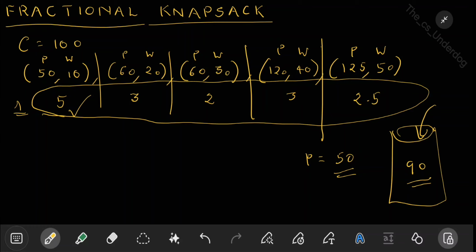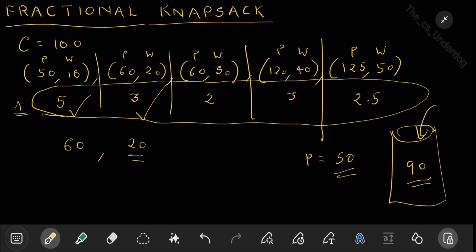What is the next pick that you should do? You should take next one which is having highest profit by weight ratio. So here you can see next best is 3. After 5, the next best is 3. Coming to the value 3, if you take the second element, you are having profit of 60 if you take up 20 units of weight.